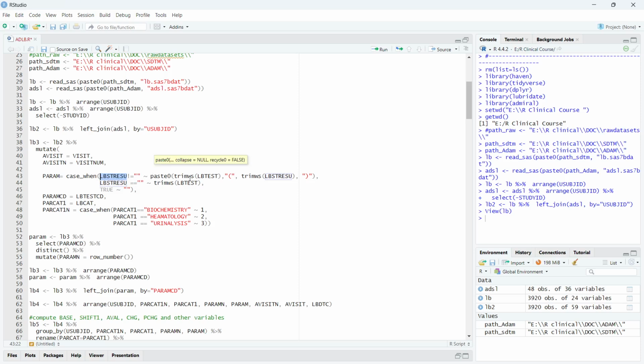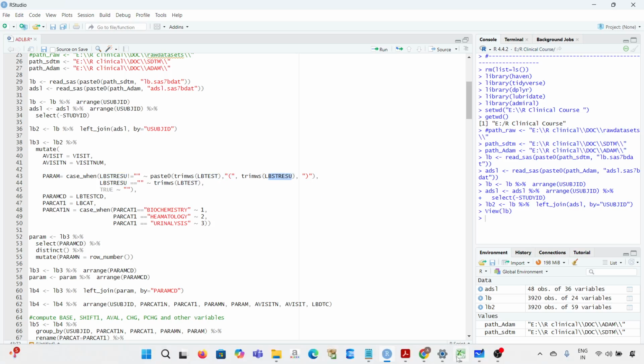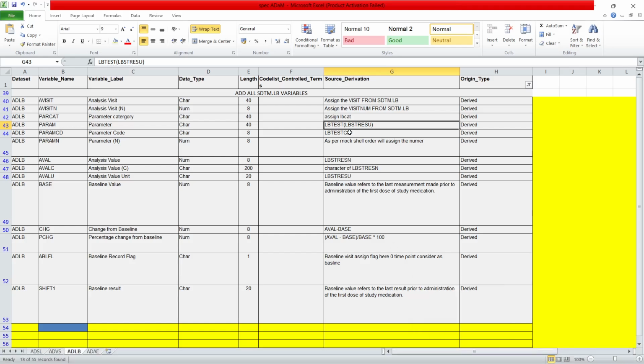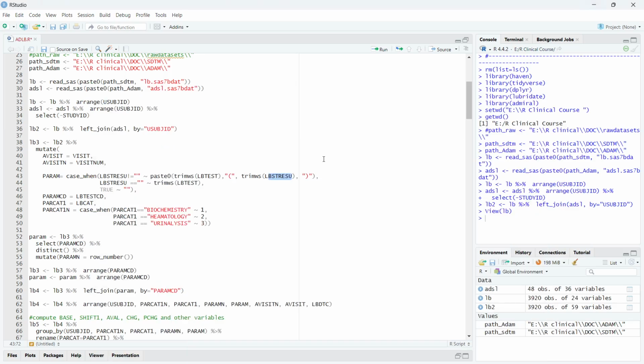Then we concatenate with LBTEST: we give the bracket, concatenate with LBSTRESU, and close with the bracket. This is the way to create the form LBTEST with the units in brackets. If the units are missing, we give LBTEST directly, without the parentheses. If there is no information at all, we keep it as missing. That is the PARAM derivation.